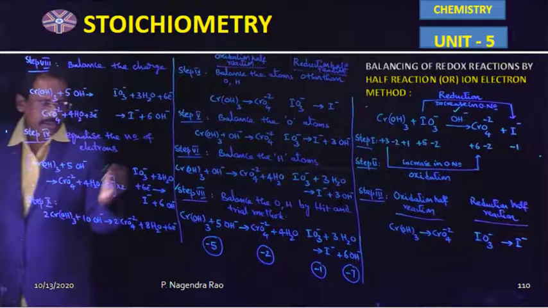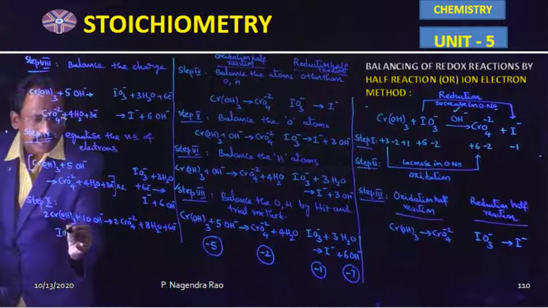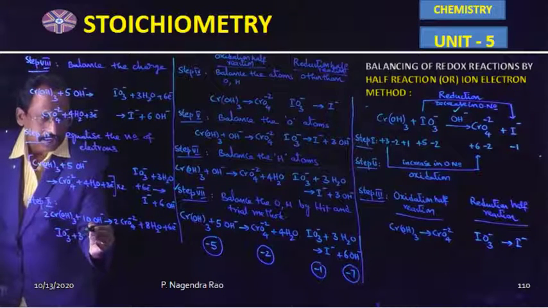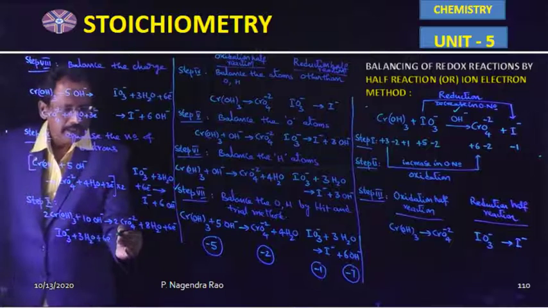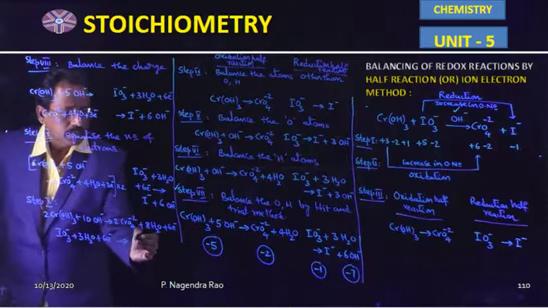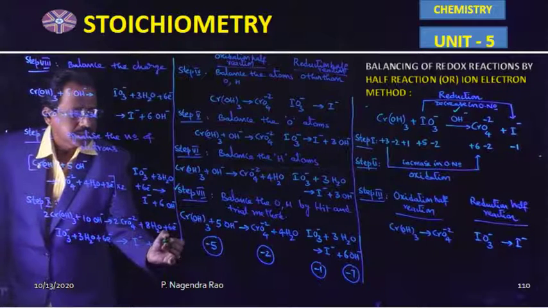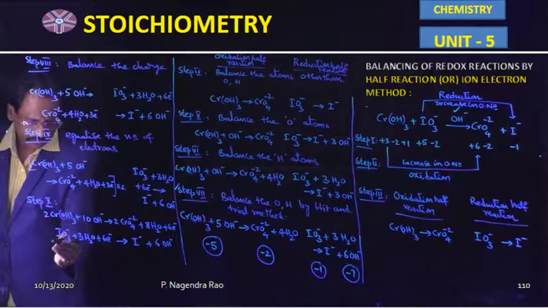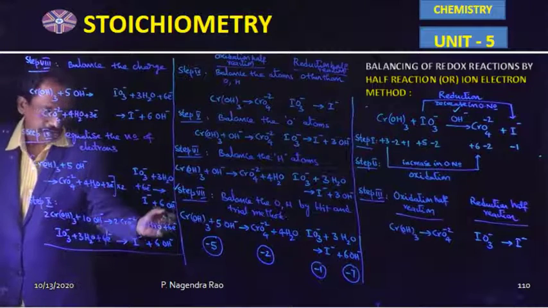And the reduction reaction is IO3 minus plus 3H2O plus 6 electrons is equal to I minus plus 6 OH minus. Cancel the electrons number.